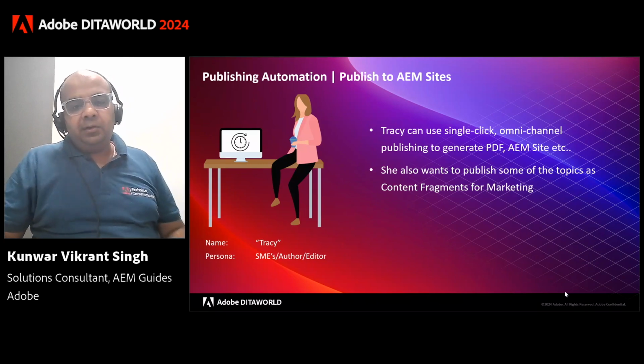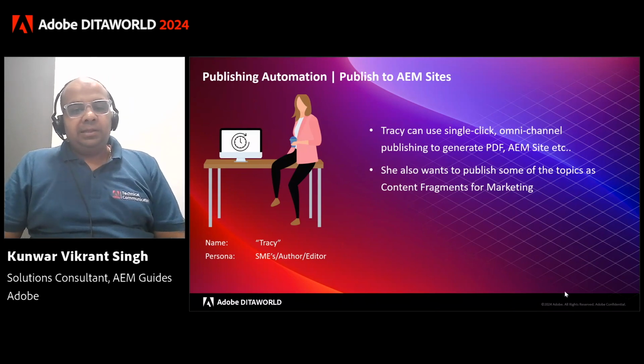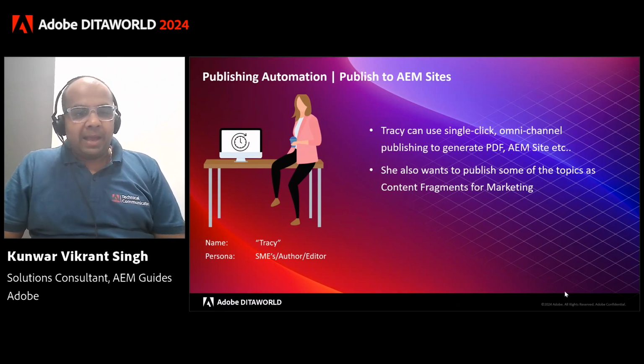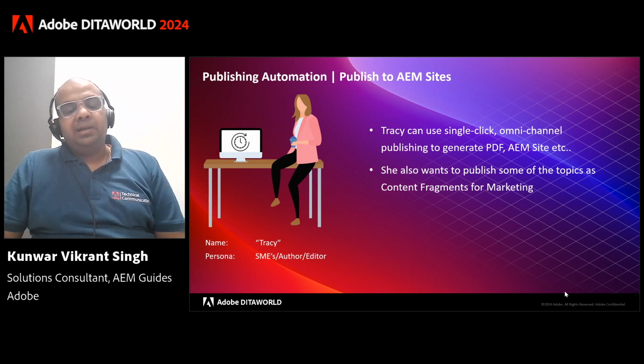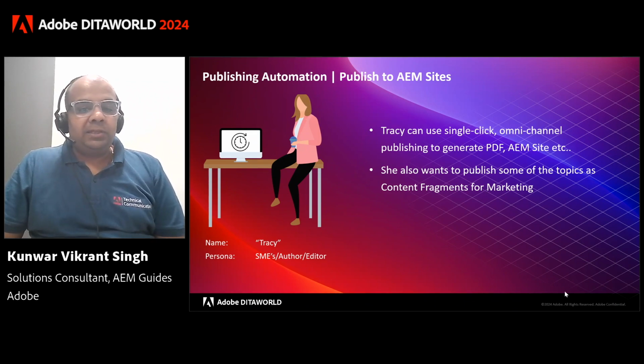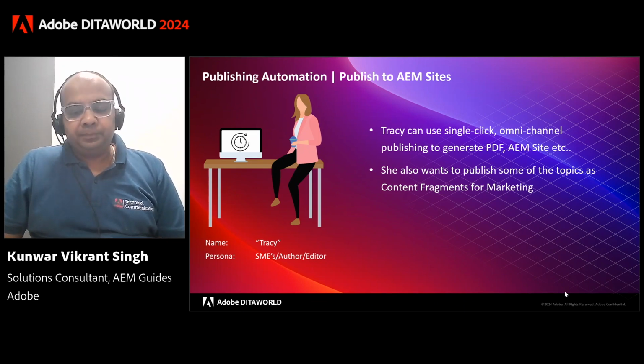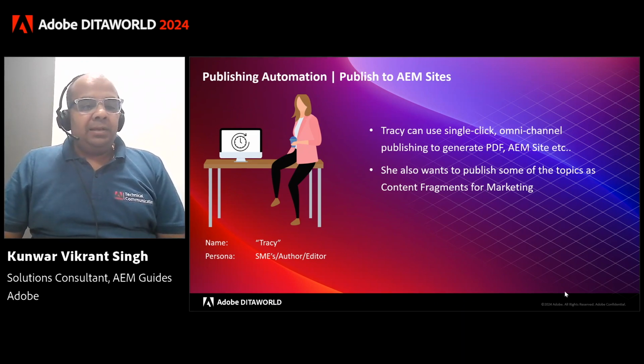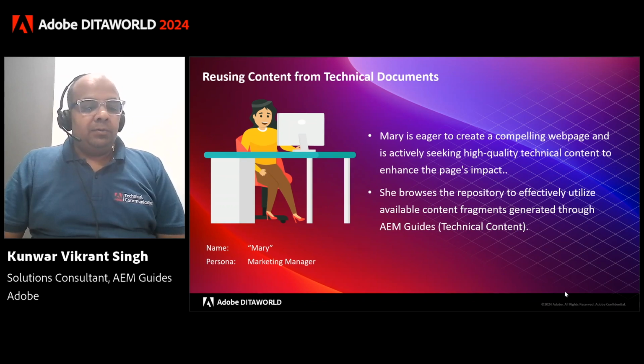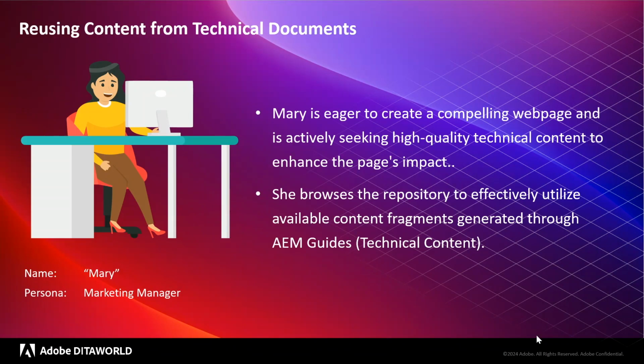We have seen how Tracy would be able to utilize AEM Guides single-click omnichannel publishing to publish an entire map to AEM Sites. Similarly, we have seen how she can publish some of these topics as content fragments. Now, let's see another persona, Mary. She's a marketing manager.